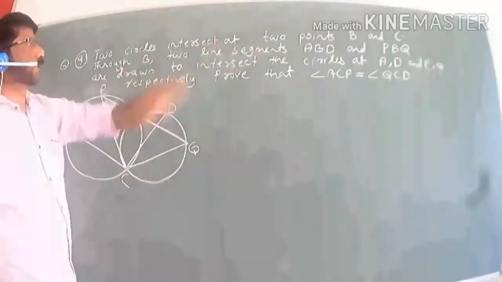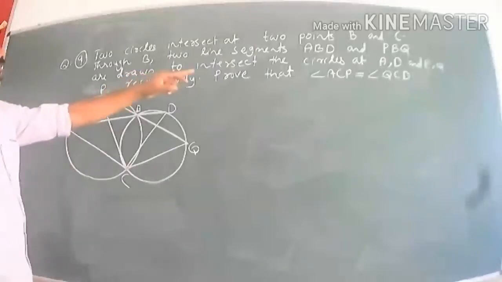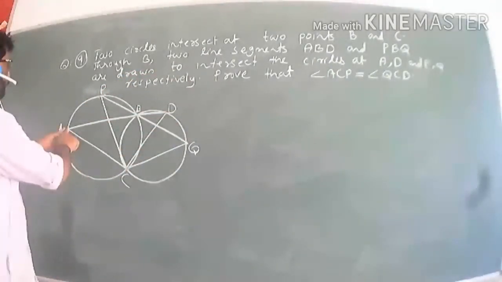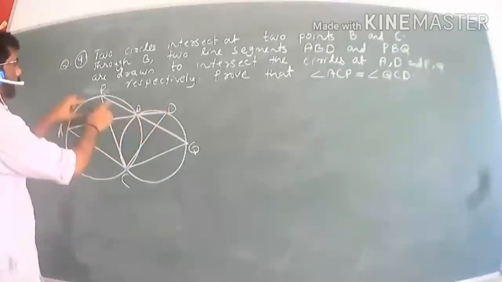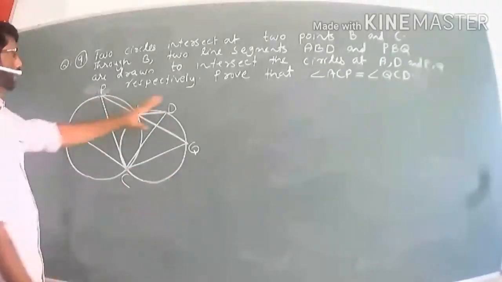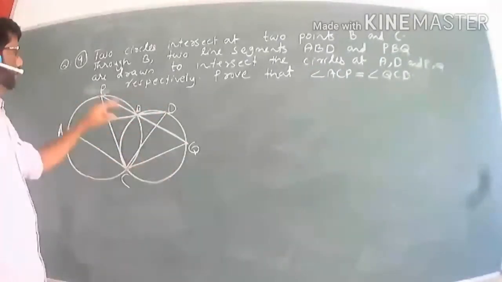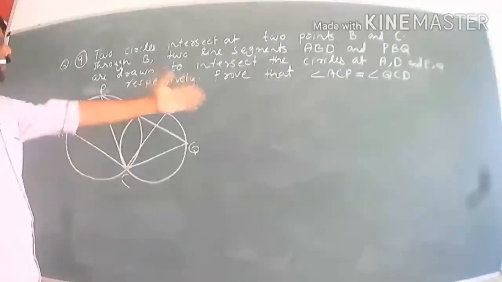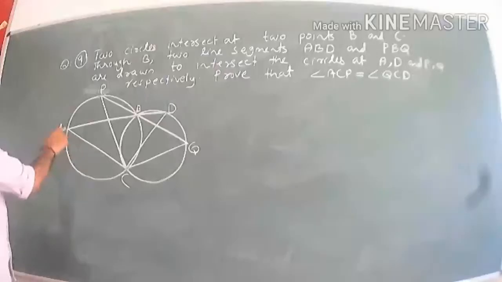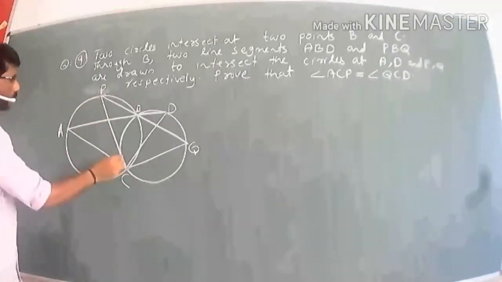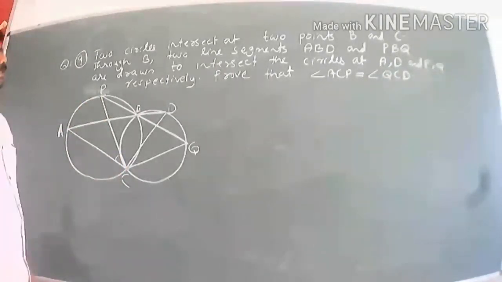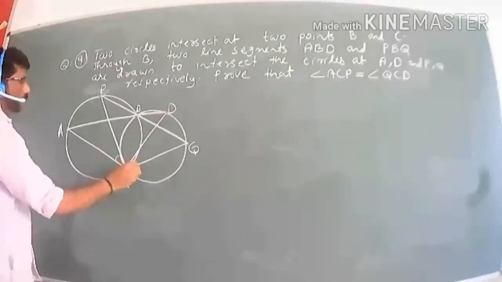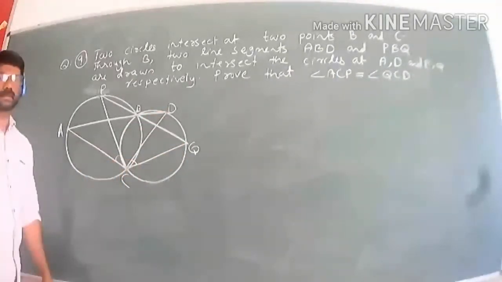Two line segments are drawn to intersect the circles at A, D and P, Q. One point A, other D, then P, then Q. Prove that angle ACP, meaning this angle, is equal to angle QCD. So we have to prove that these two angles are equal.